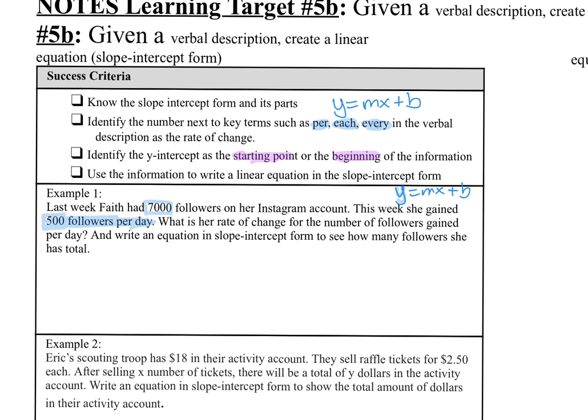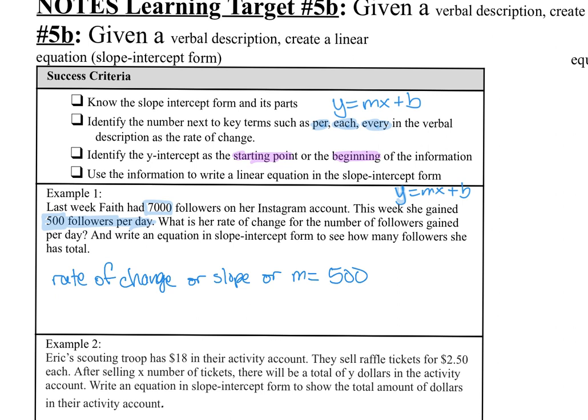So that tells us that her rate of change, or you can say slope, or you can say M, all of that's the same, is 500. So her M is 500. That was the first question.